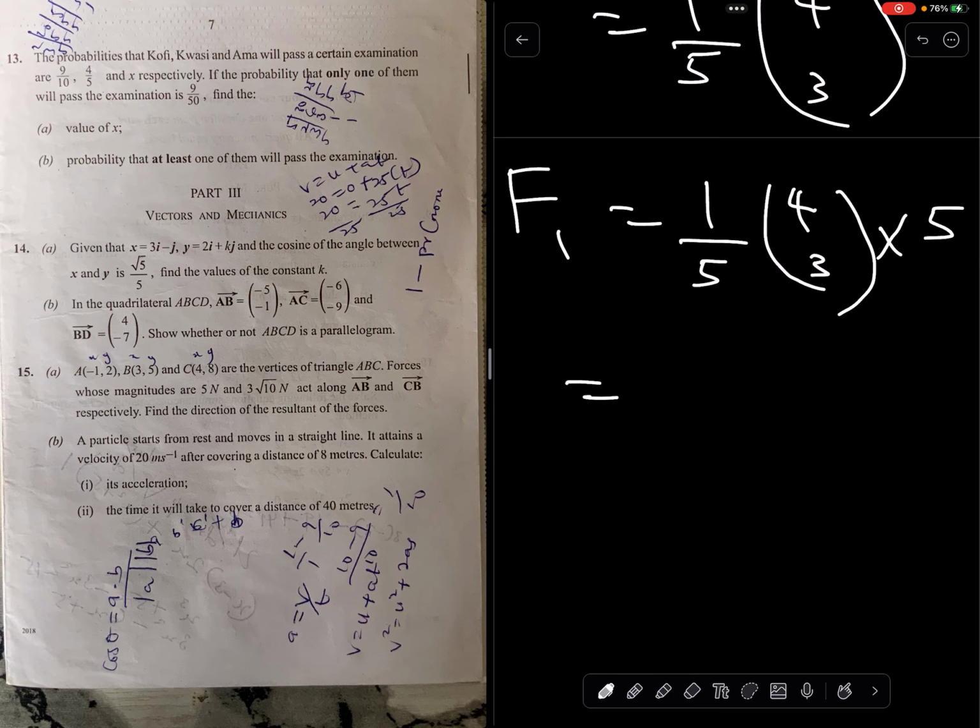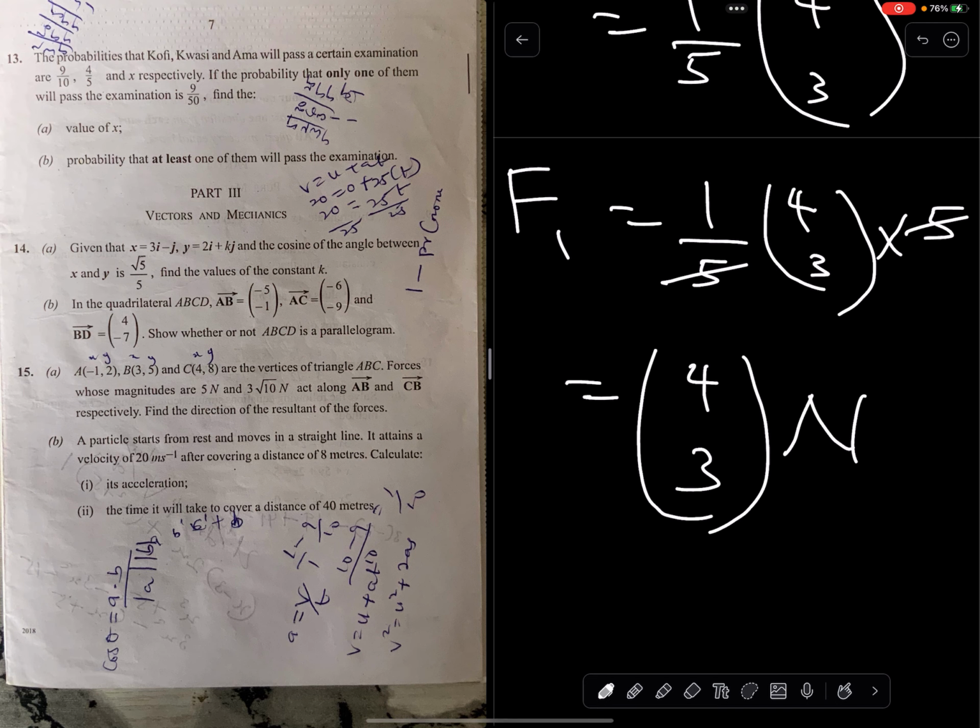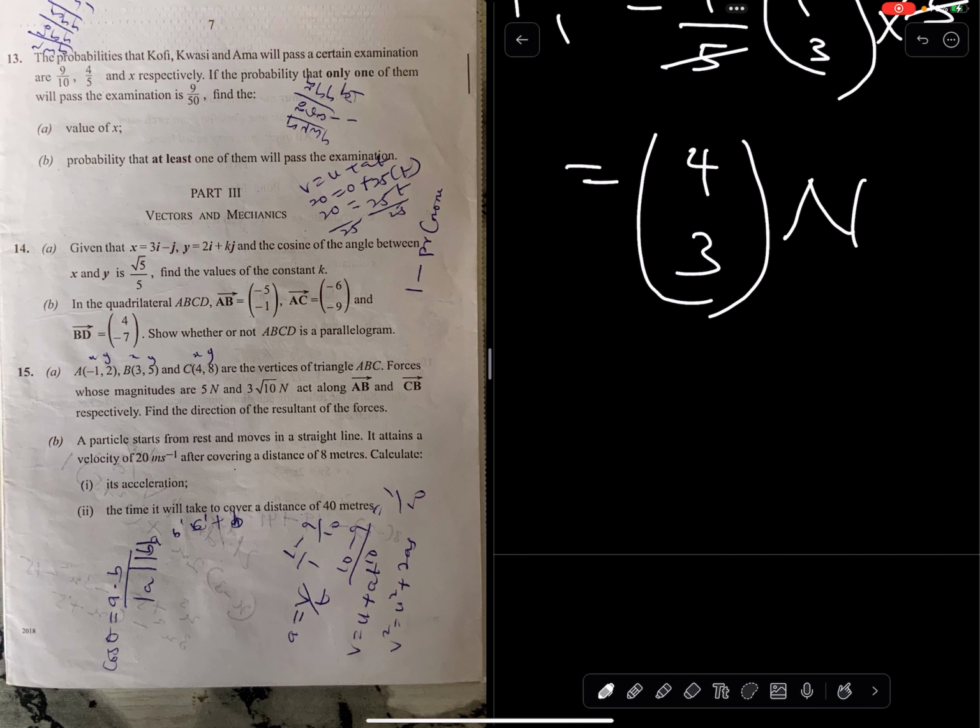We were given its magnitude, but now we are finding the force itself, and that's simply (4, 3) newtons. Of course, the 5 cancels with the 1 over 5. That's F1.